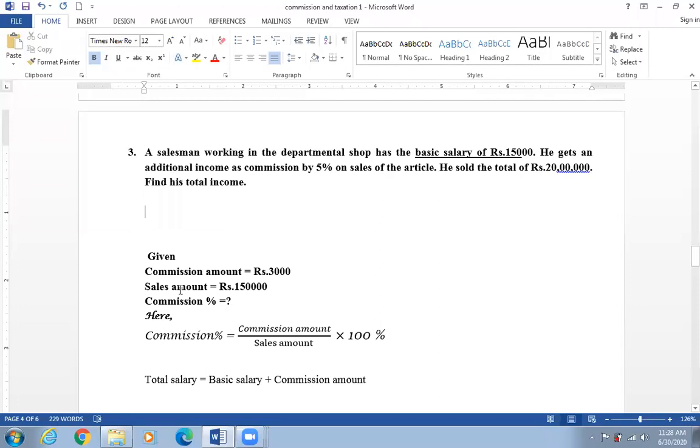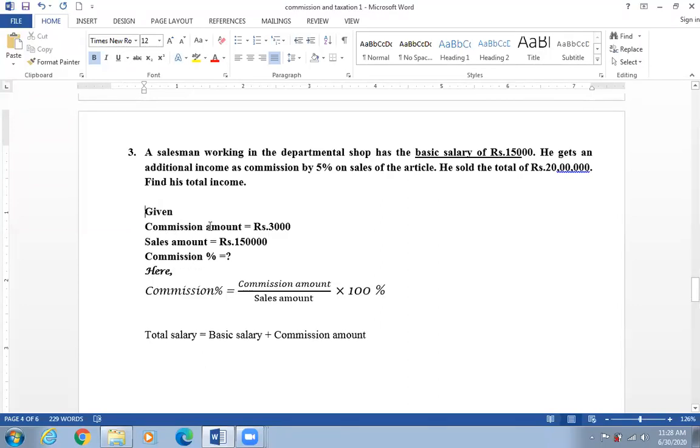So look at here. Commission amount equals to this one. Is there commission amount given? Commission amount is not given. Instead, commission percentage is given.